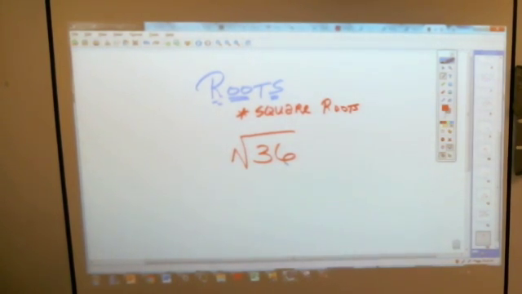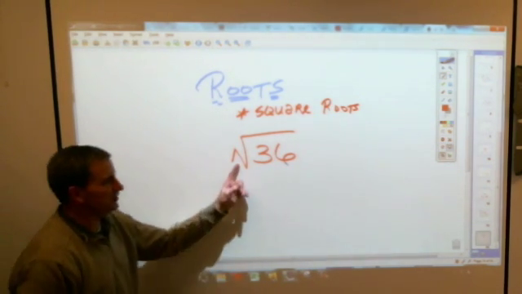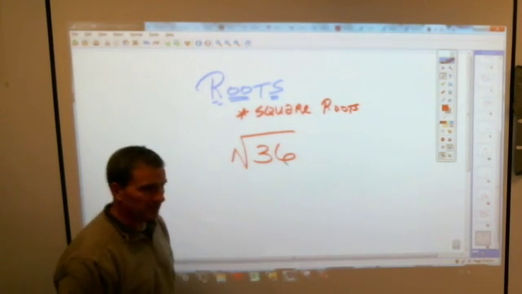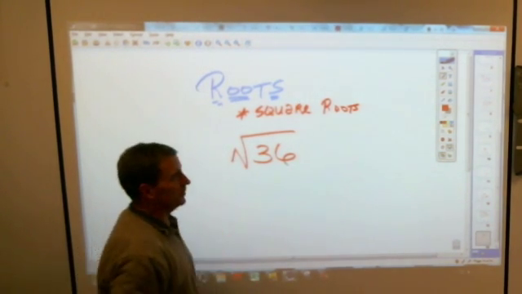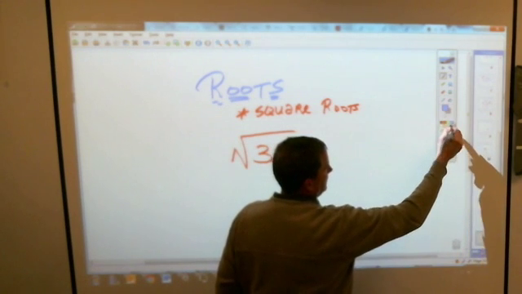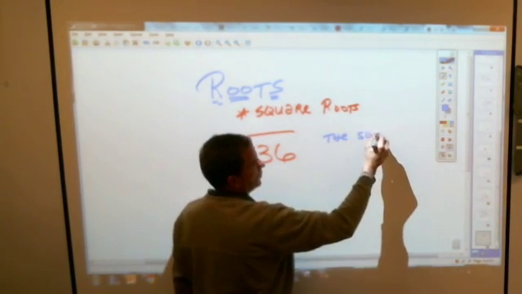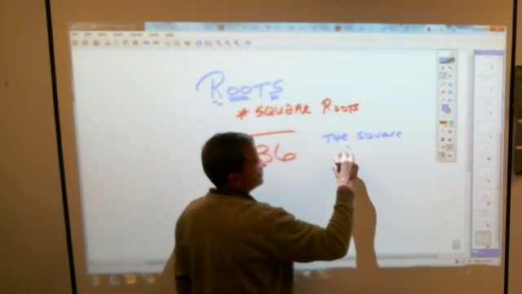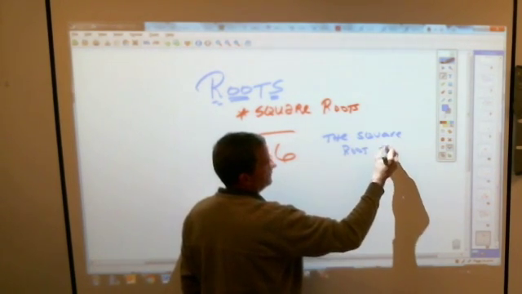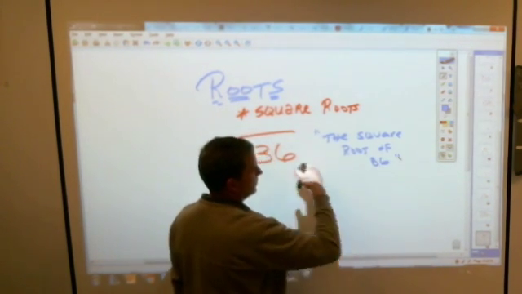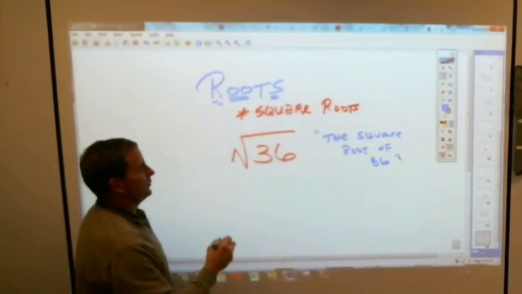Understand very clearly that this is not a division problem. This is not a division sign. It would be if it didn't have this little thing in front, but it has the little heartbeat monitor thing there. This is what we call a square root. And the way you would say this is, you're looking for the square root of 36.